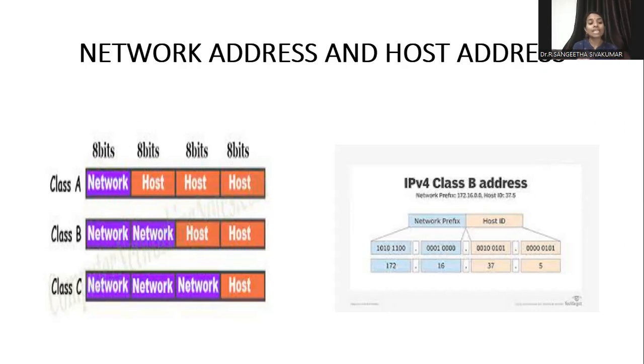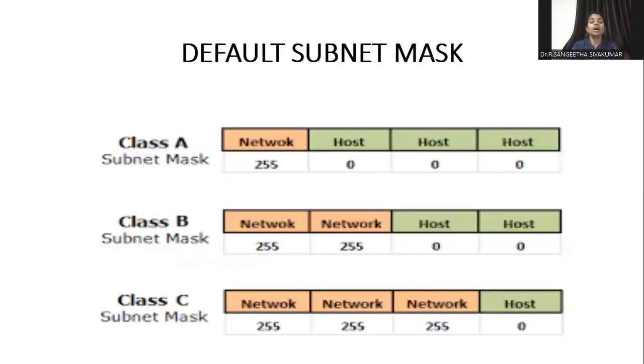When we come to class C, we have 3 network portions and 1 host part. The 3 octets of the IP address belong to the network, and 1 octet belongs to the host. So this is how we classify class A, class B, and class C. Now, how do we calculate the default subnet mask?